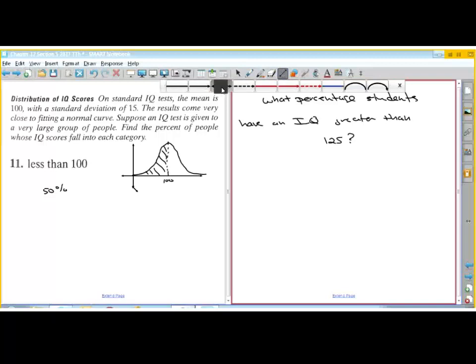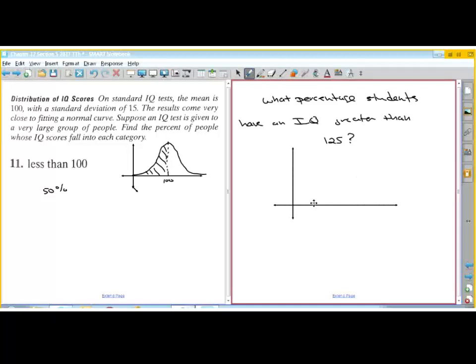So again, if we draw the picture of what this represents, here's our normal curve again with the mean of 100. So we draw a line straight down here. Here's 100. So 125 is going to be somewhere over here. We don't know exactly where it is, but what we need is greater than 125.